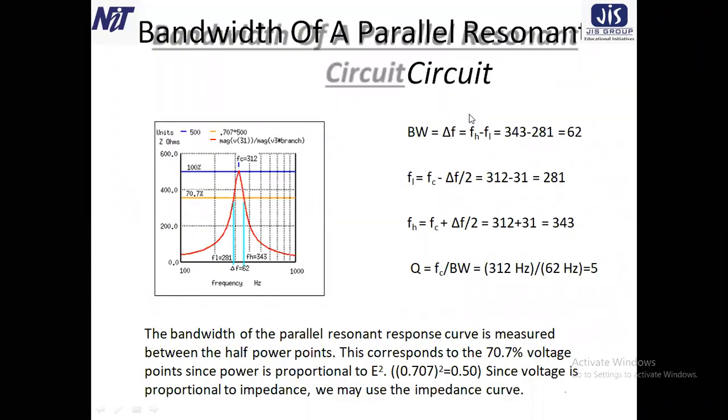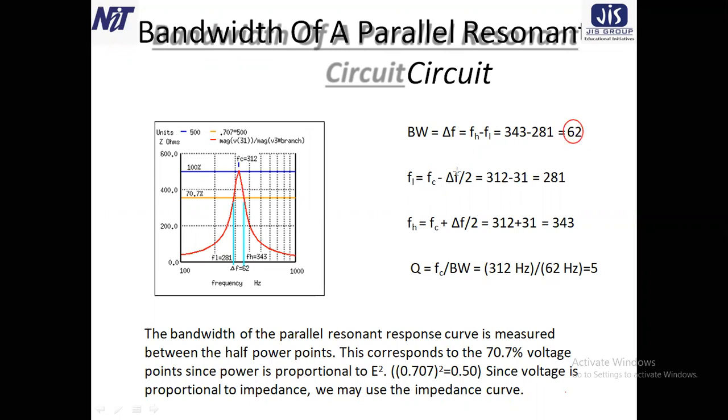Now the bandwidth of a parallel resonance, you have the basic idea regarding the bandwidth. This is the difference between the high frequency and the low frequency. High frequency is represented with FH and low frequency FL. For this diagram, bandwidth equals delta F, that is FH minus FL, 343 minus 281, that is 62.